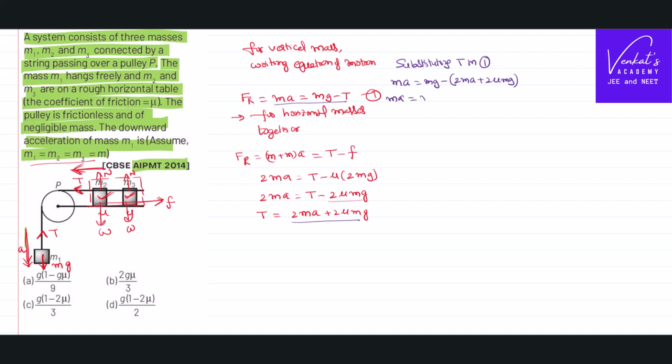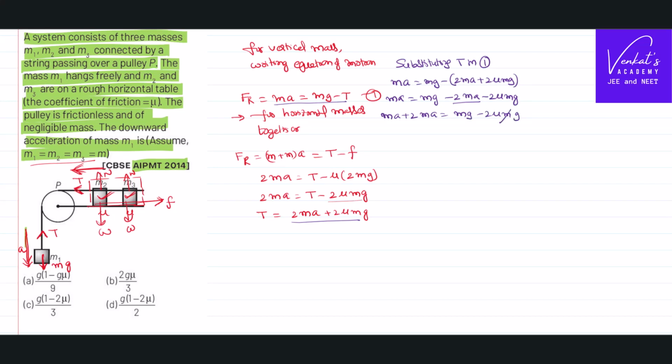So ma equals mg minus 2ma minus 2 mu mg. So get this ma term to this side, it becomes positive. ma plus 2ma equals mg minus 2 mu mg.